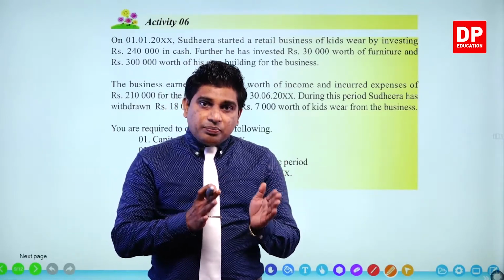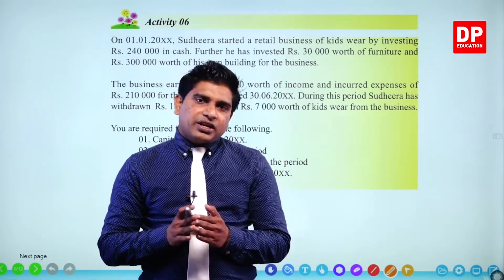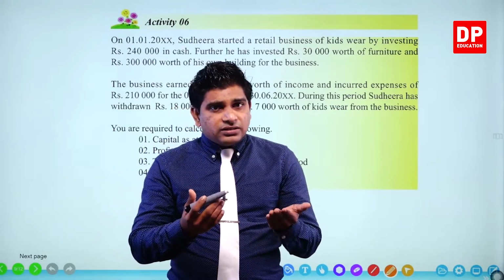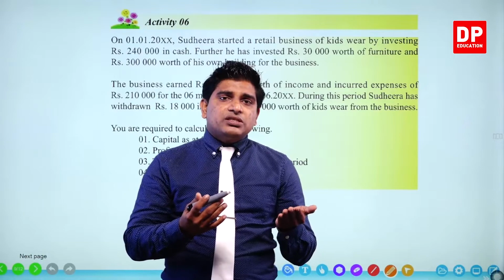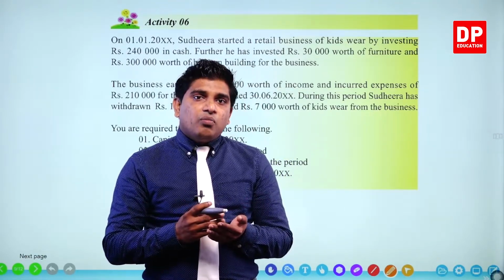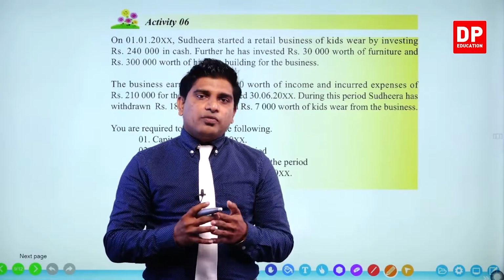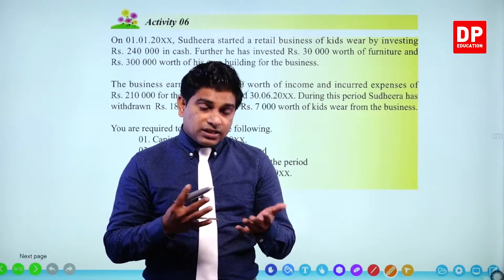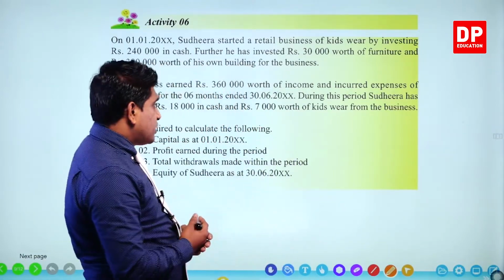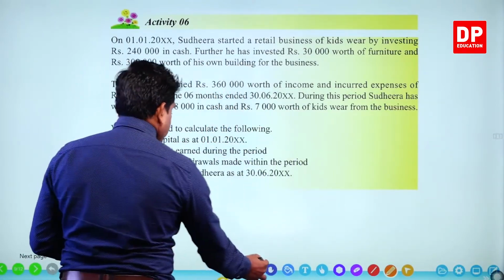When the business pays expenses, your equity decreases. When the business owner reinvests money and any other resources to the business, equity increases. When the business owner makes withdrawals, not only money but any other resources, equity decreases. Now, we'll see how to do the question.